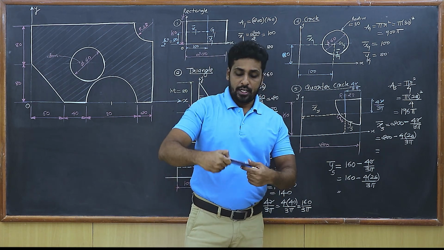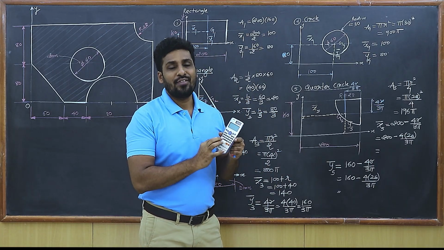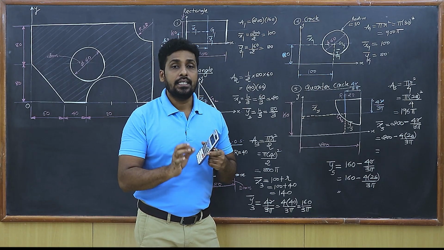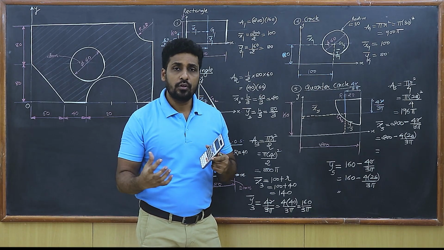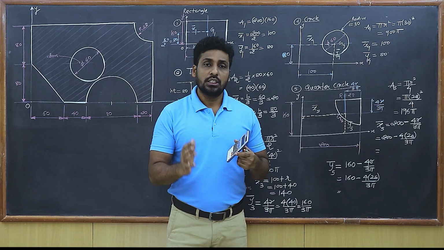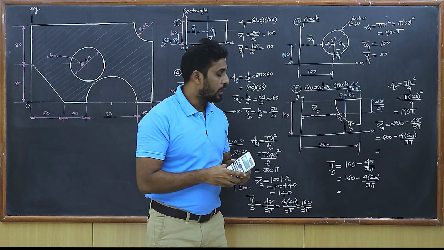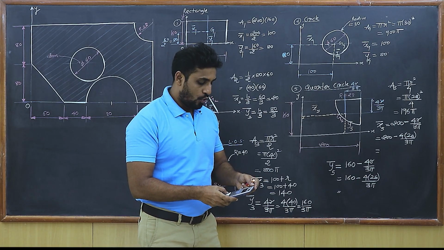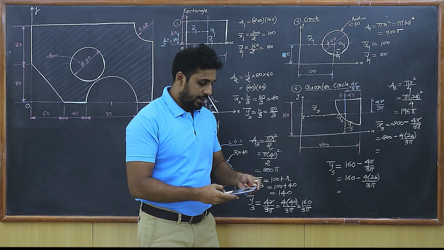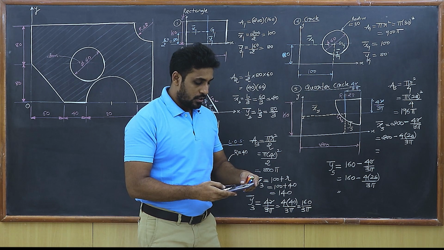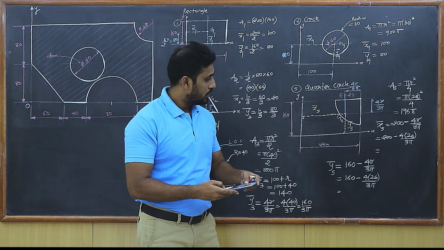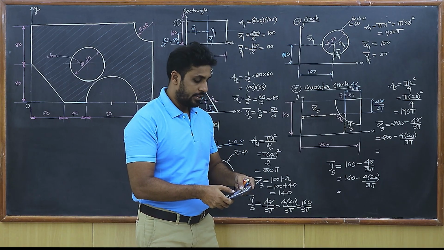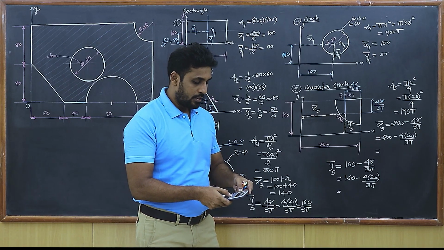So we are going to make use of this calculator, which is called the FX991 ES plus. So it's a very beautiful calculator. You can make use of this calculator in your exams also. So let's do the calculation. So we have to do 200 minus 4 into 28 divided by 3 pi.